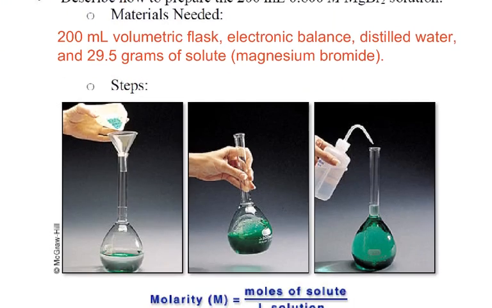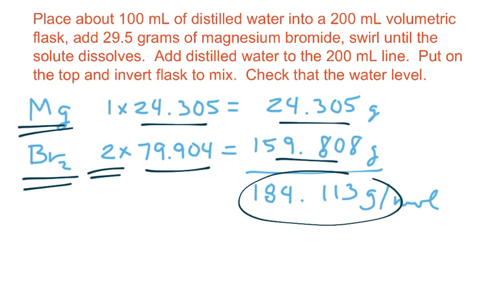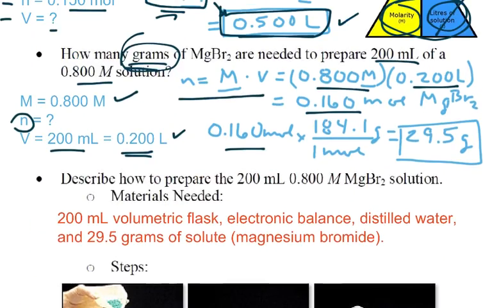Okay, I'm going to jump way to the bottom of the page, and here's where I went back and used my periodic table. I looked up magnesium, 24.305. The mass of bromine was 79.904. It's MgBr2, so I needed 2 bromines. Put those together, and I got 184.113 grams per mole. So I need that conversion factor.